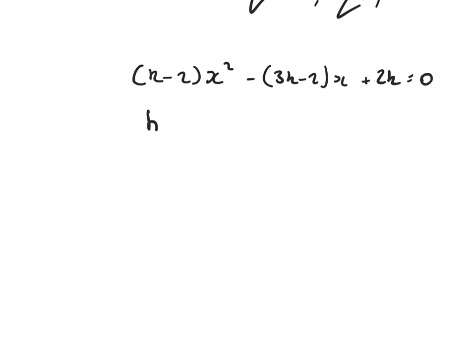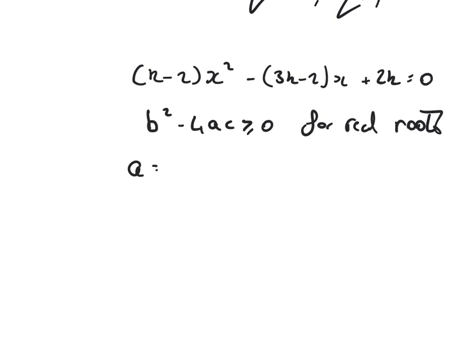So we need to prove that the roots are always real. So the condition for the roots being real is that the discriminant is greater than or equal to 0. So the question is asking me to show that that's the case for all values of k. Okay, so there'll be a bit of algebraic manipulation with this one.